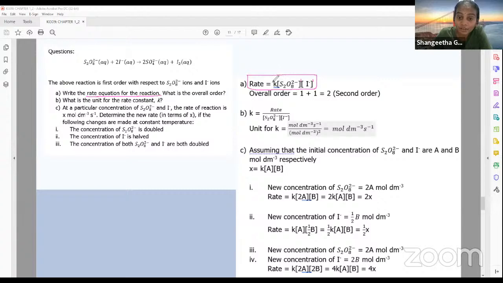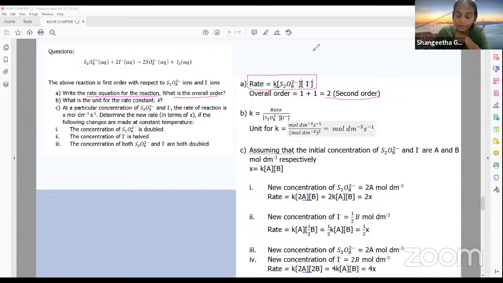Here you have your rate constant, then S2O8 2- to the order of 1 and I- to the order of 1. The overall order you will write as 1 plus 1 equals 2, which is the second order. This is the second part of the question: the overall order is second order.